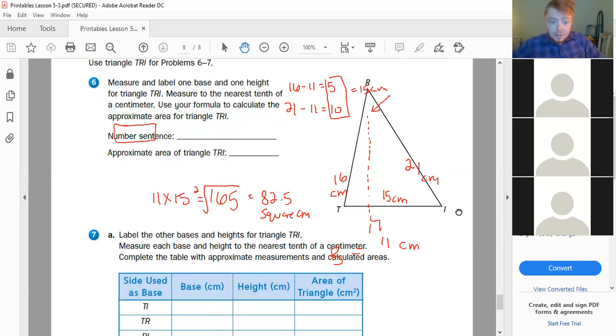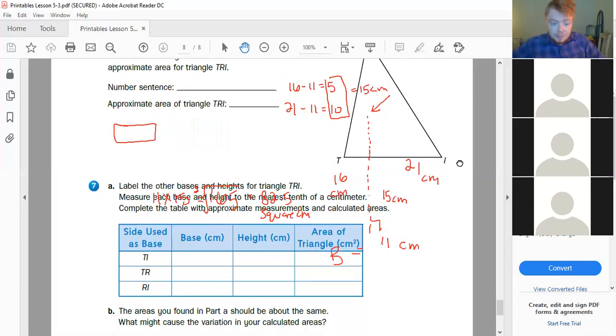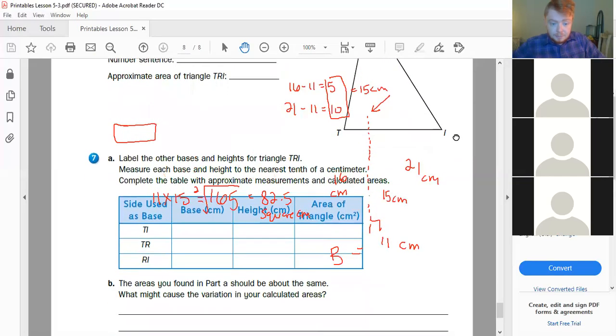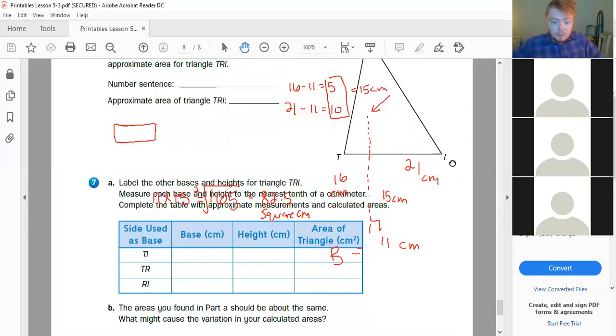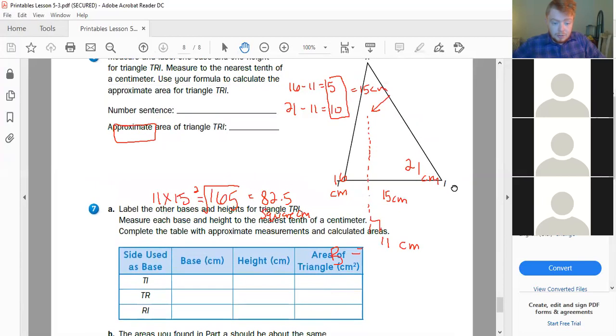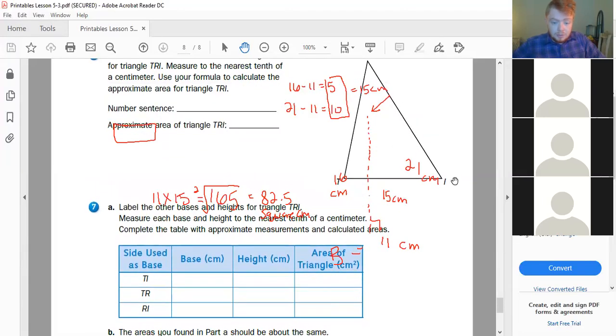I'm going to bring all this with me. I don't want to erase any of it yet because it wants us to fill in this little thing. Okay, we'll just do it like that. So based on our sides, this is a little weird looking. We have T, R, and I. So T to I, if you remember, that was our base, which was 11.